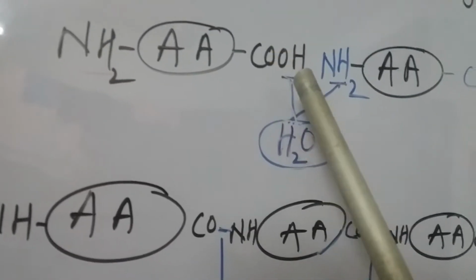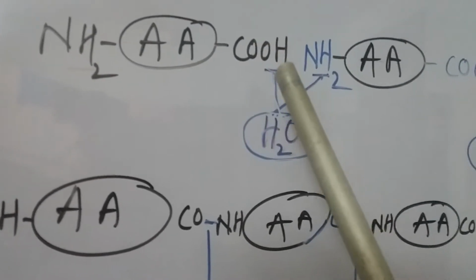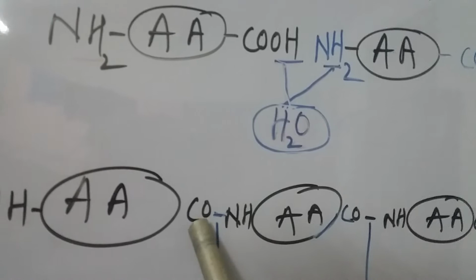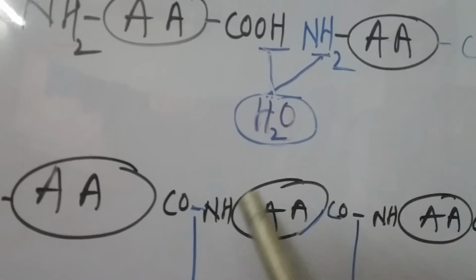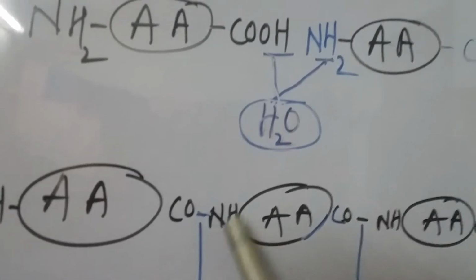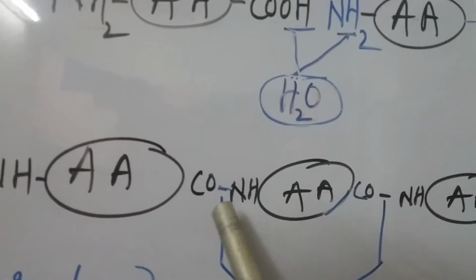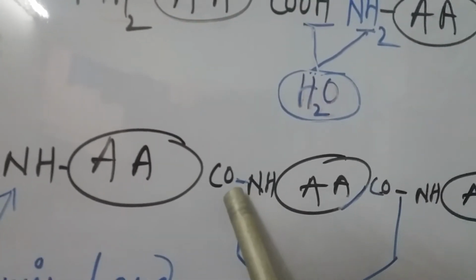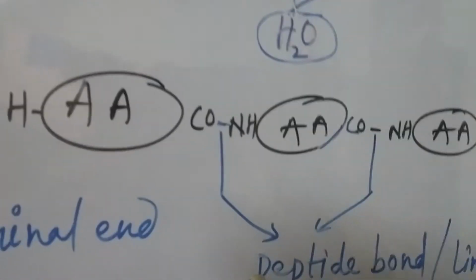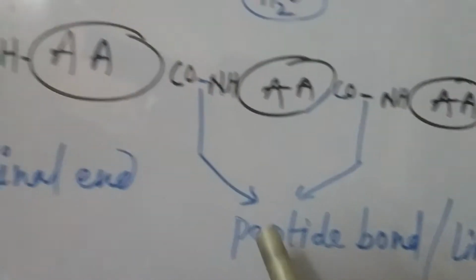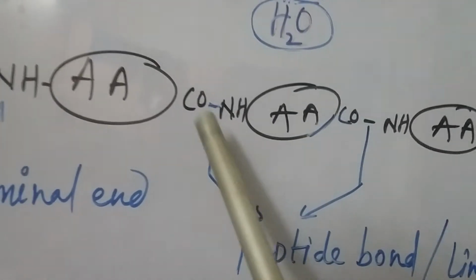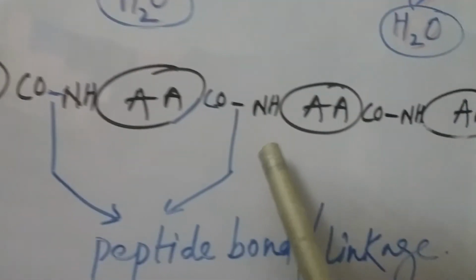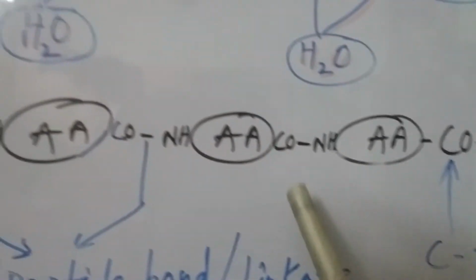Now the COOH has lost its OH group and is now CO, and NH2 has lost its H, so it is now NH. So this CO and NH will bind by the bond known as the peptide bond, and these two amino acids will link together by the peptide bond as a CONH linkage.